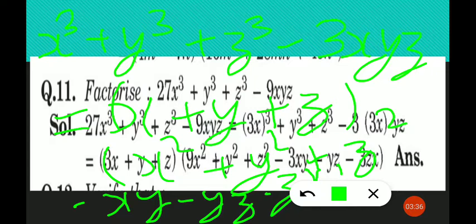I hope you have learned this formula. This formula is also given in your book. So we will use this formula only to factorize the given question.